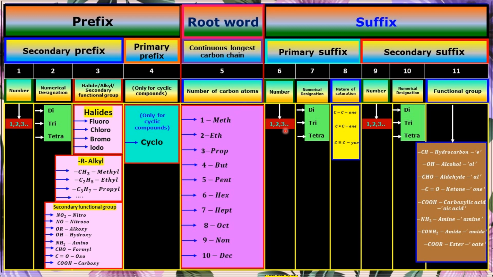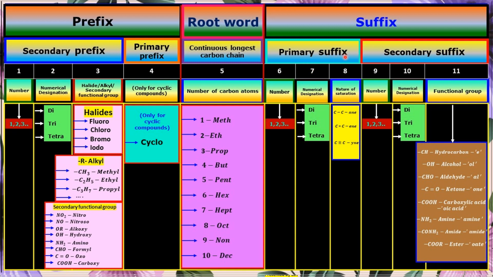And number means 1, 2, 3, etc. That is, to which carbon atoms in the parent chain the substituents are attached. They are indicated by these numbers. And if more than one same substituents are attached, at that time di, tri, tetra, that is numerical designations, are used.